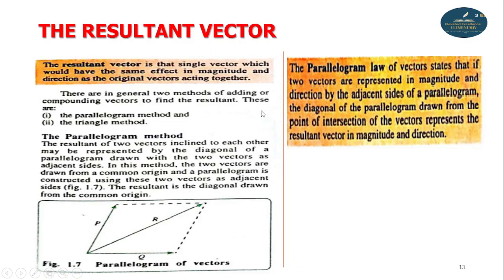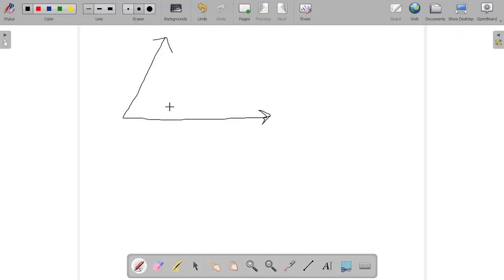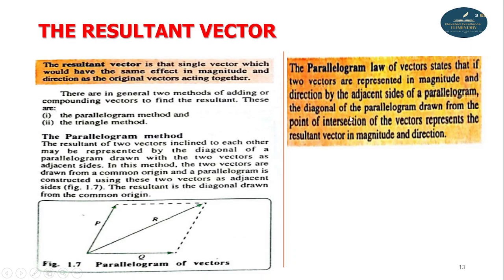Let's assume this is vector P and this is vector Q. The diagonal of the parallelogram drawn from the point of intersection of the two vectors represents the resultant vector in magnitude and direction.